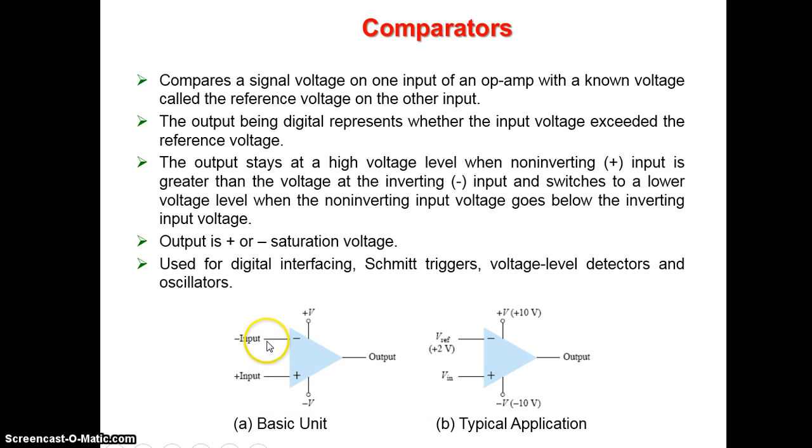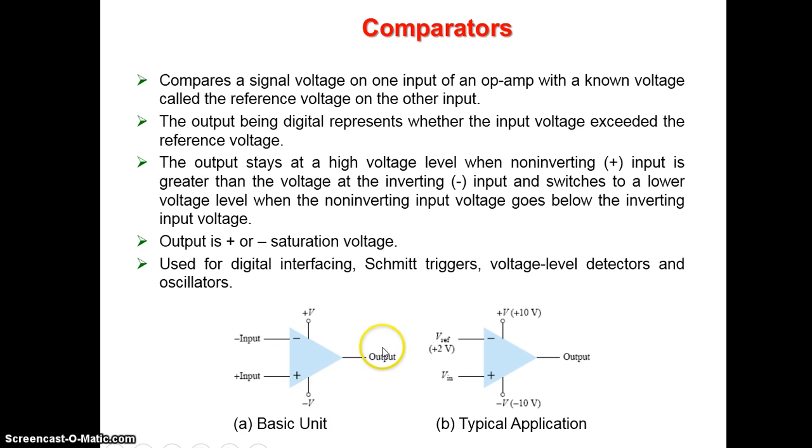If it is lower, output will go to positive level. So output will be a digital representation of whether your input voltage exceeded the reference voltage or not.